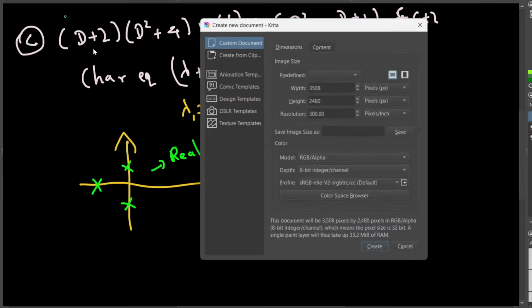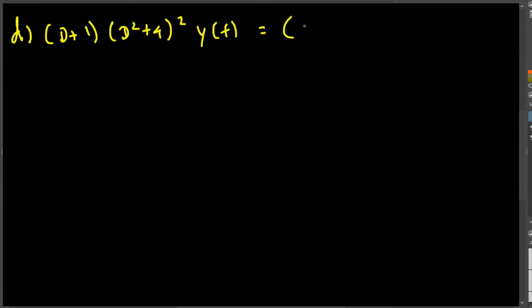Let's look at the next one. Let's say we have this equation given: (D plus 1)(D square plus 4) square y of t equals (D square plus 2D plus 8) f of t.